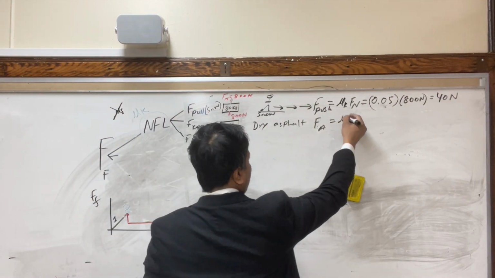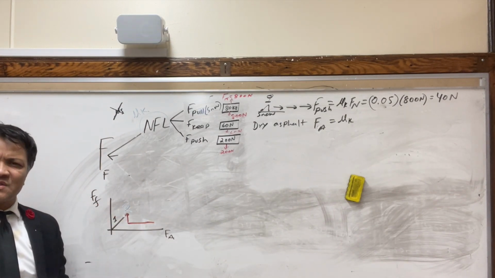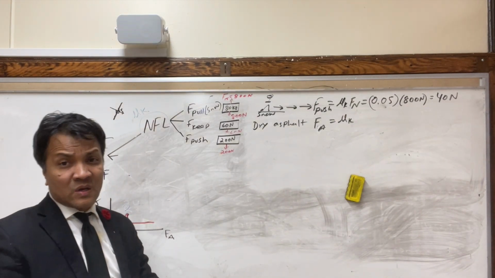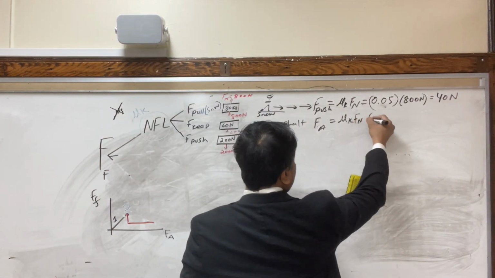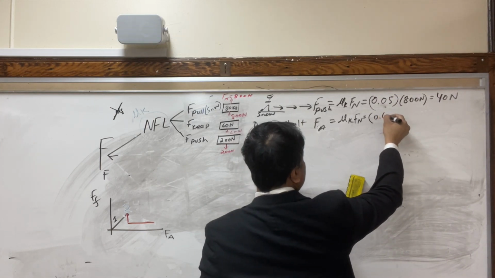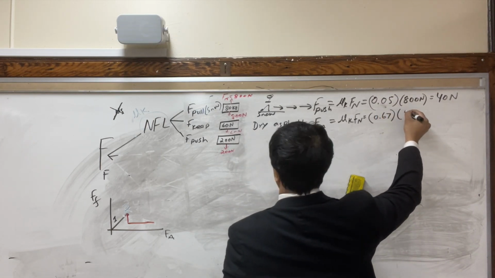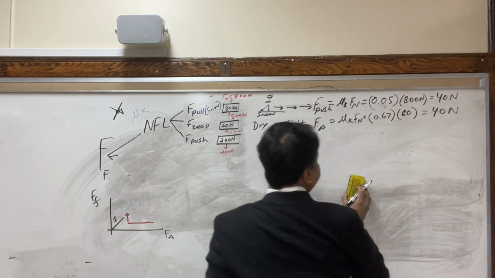Of course mu k, because this is again location 2, because Newton's first law, constant motion. Fn. So Fk, mu k, dry asphalt is 0.67 times 60, and that will give you 40 Newton.